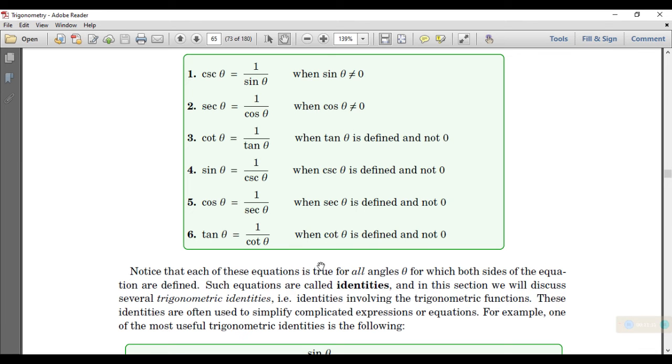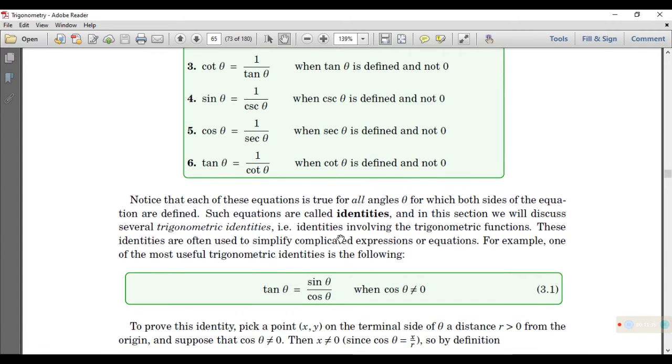So, ganun din dito sa iba pang mga reciprocals natin. There is a possibility that they will not be defined in the first place. Kapag kasi sine or si cosine, yun lang naman mahalaga si x at si y. Pag either kay x at kay y ay 0. Si R, hindi naman yan nagzi-0.